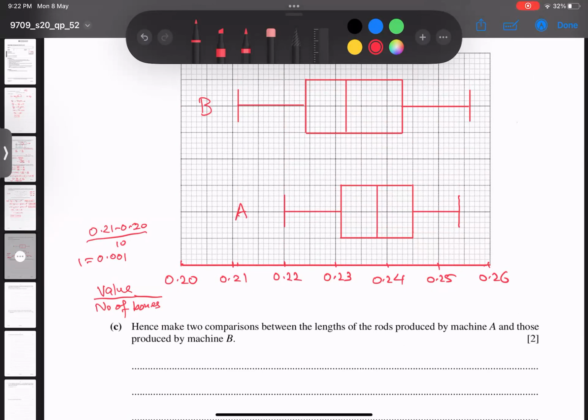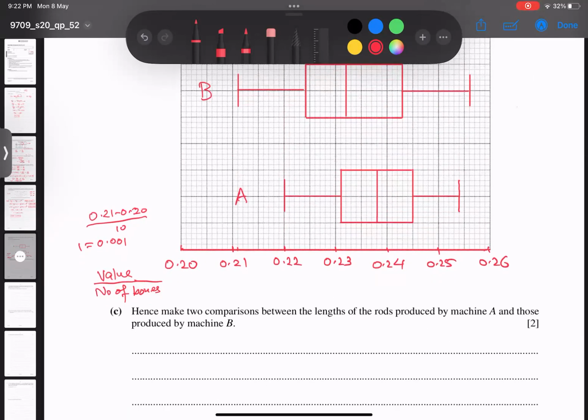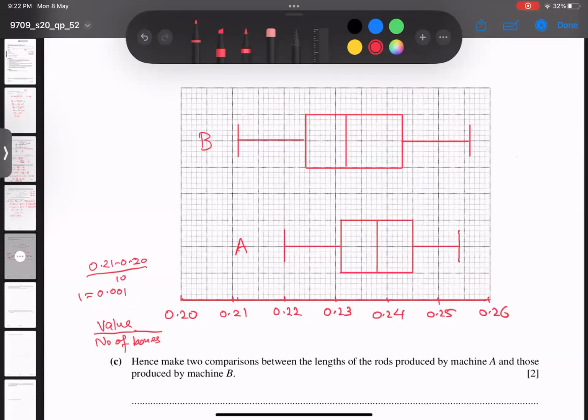Mostly we do the comparison from what is mentioned here: make two comparisons between the length of the rods produced by machine A and B. Especially the upper quartiles will help us a lot. You can see that for machine B, the length is smaller.